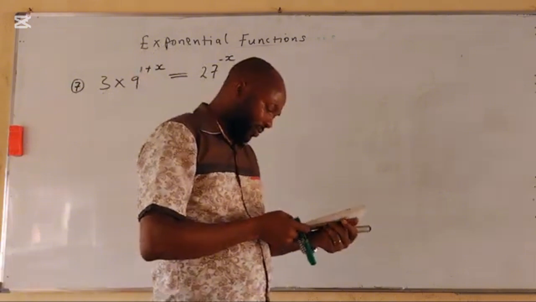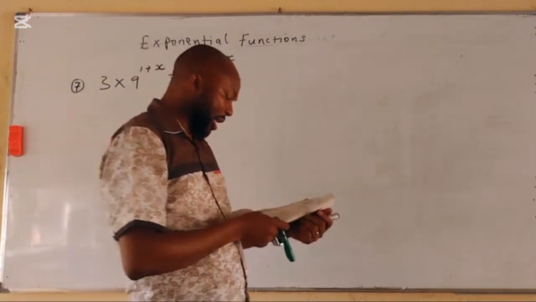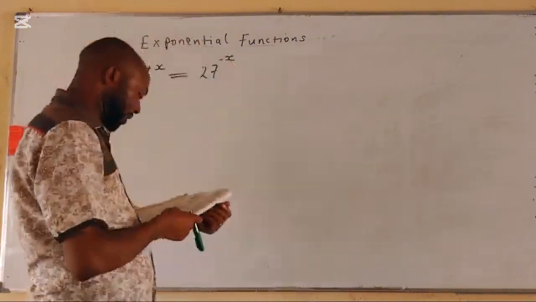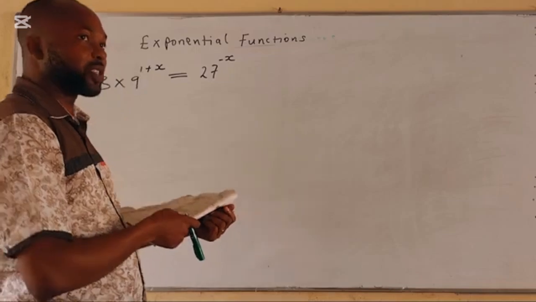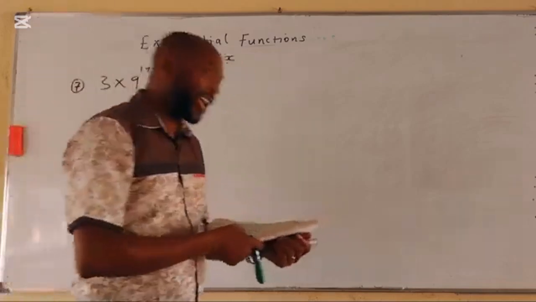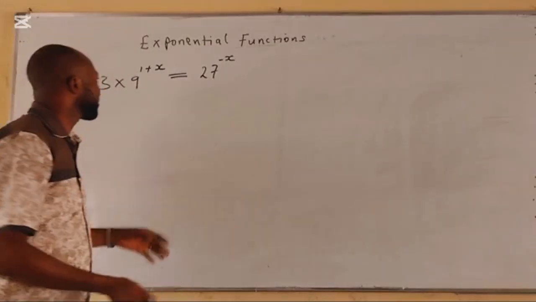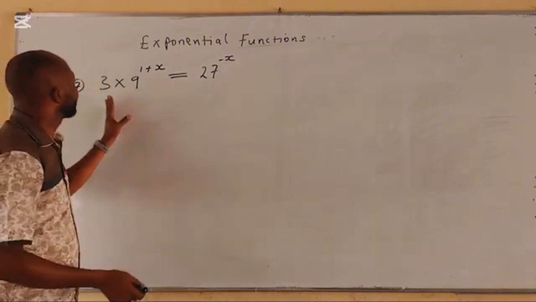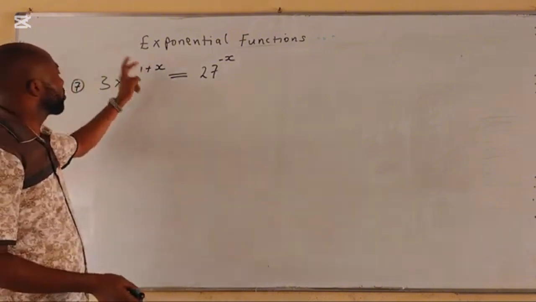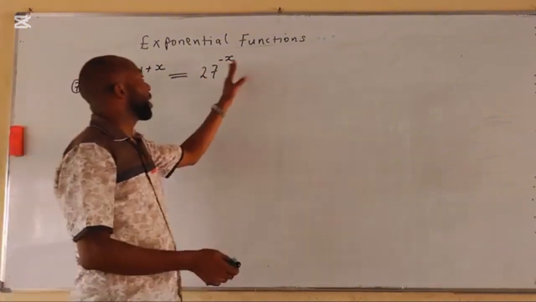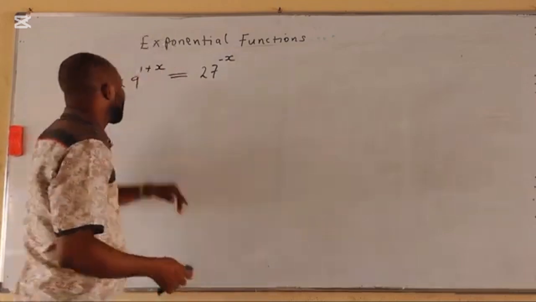So they say, if 3 times 9 raised to the power 1 plus x is equal to 27 raised to the power minus x, find x.